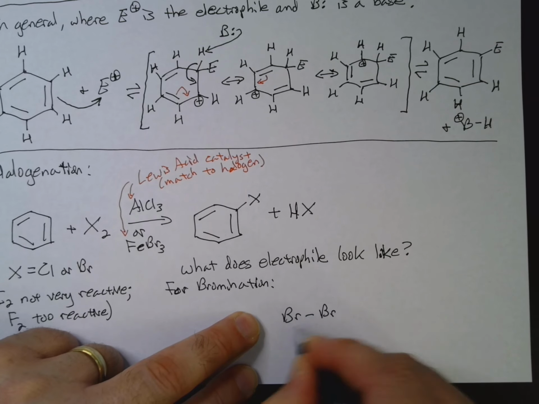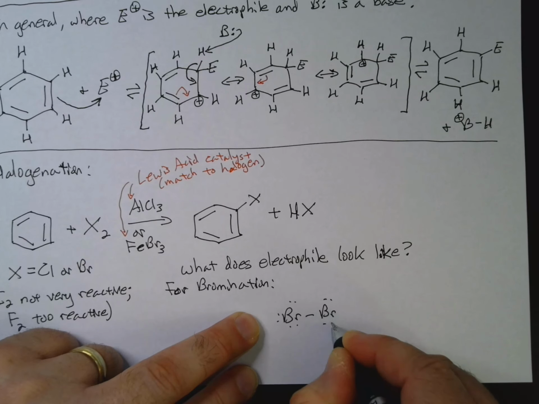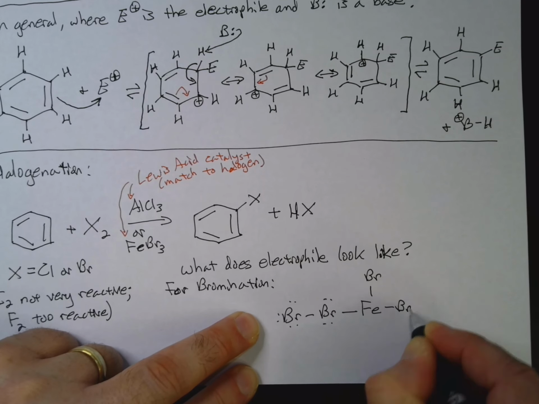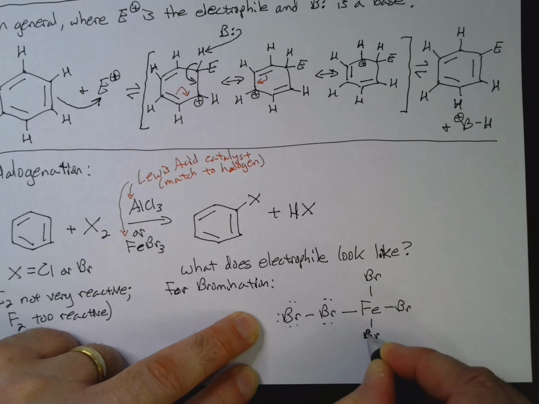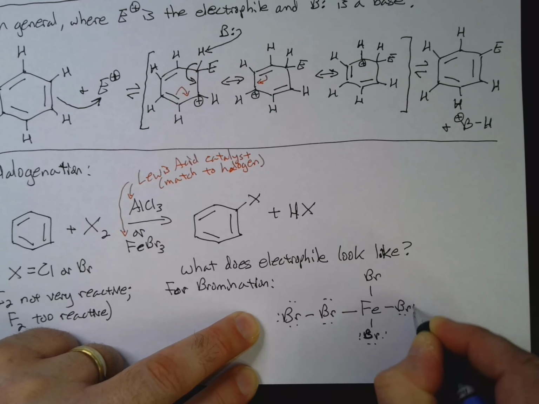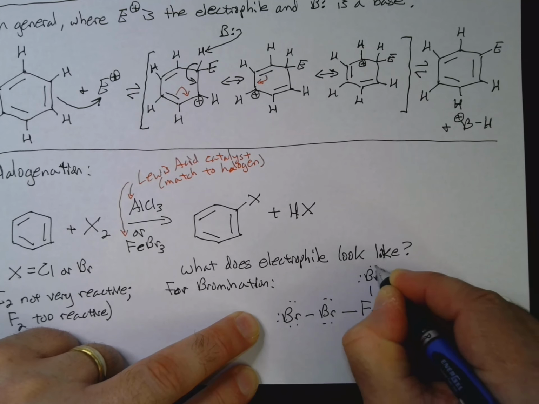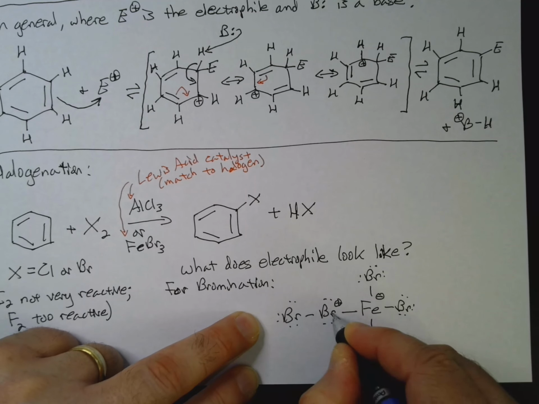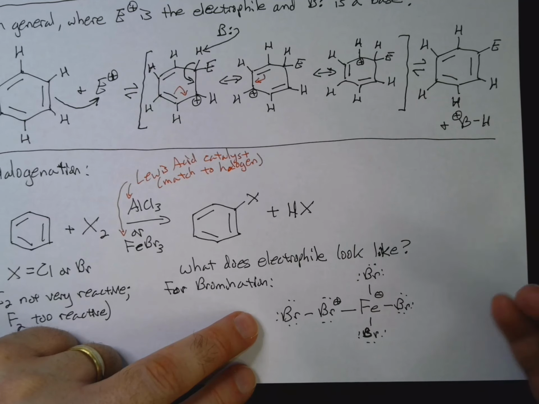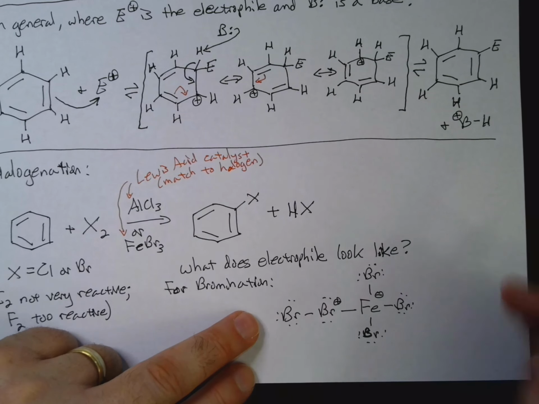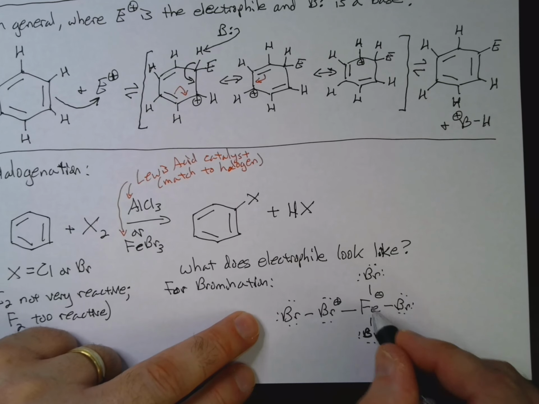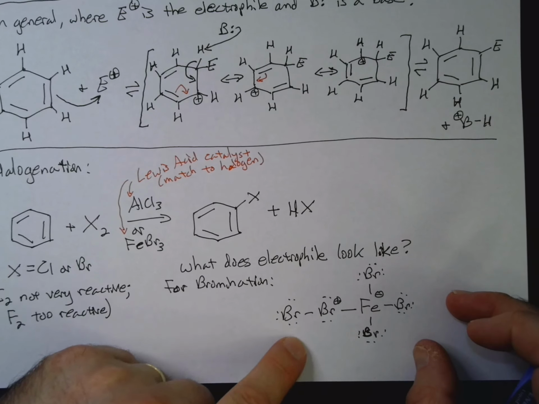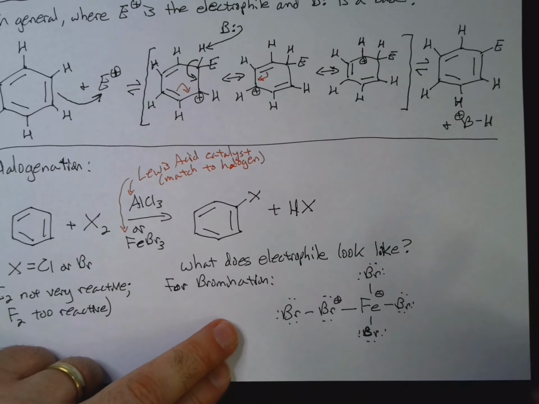Br, Br. So this is our Br2. And then Fe, Br, Br, Br. Put in all my lone pairs. So this ends up with a negative formal charge on the iron and a positive formal charge on that bromine. Now in reality, because bromine is more electronegative than iron, we don't have more electron density on the iron. However, the whole purpose of the FeBr3 is to make the Br2 a better electrophile.